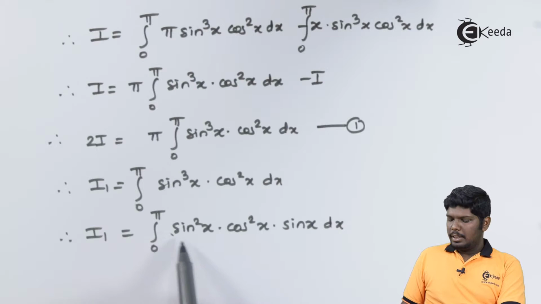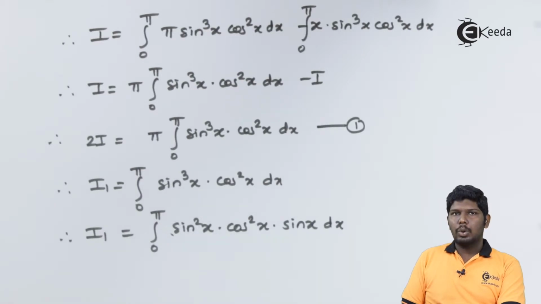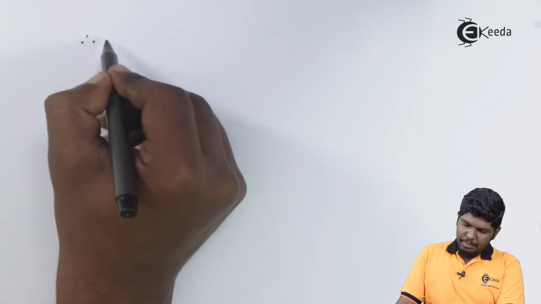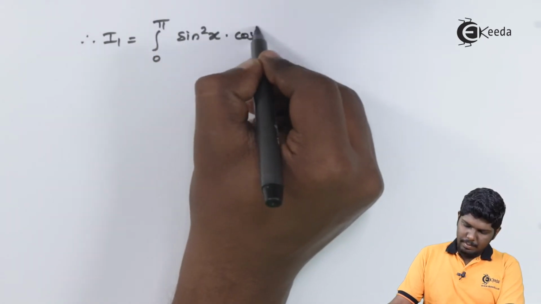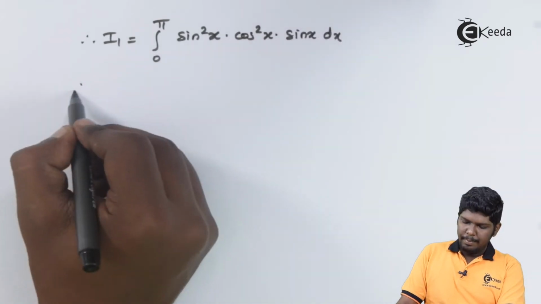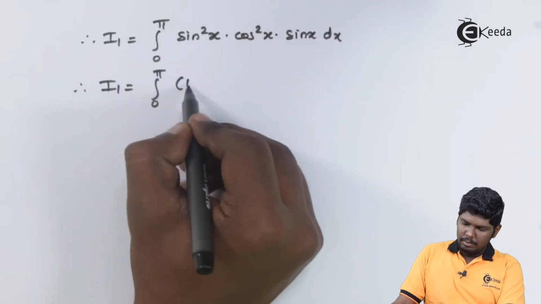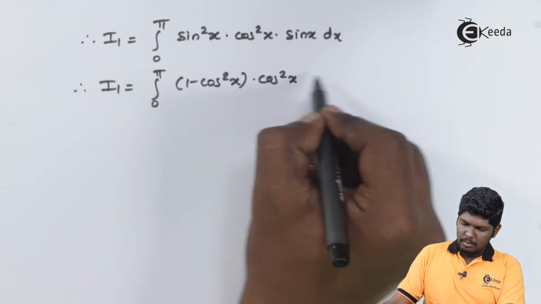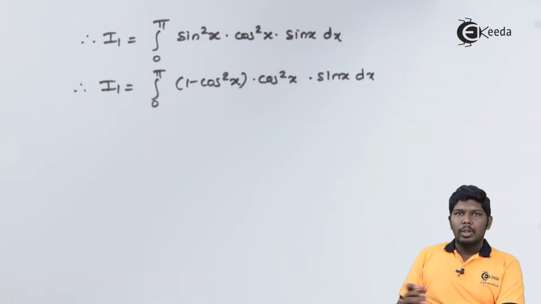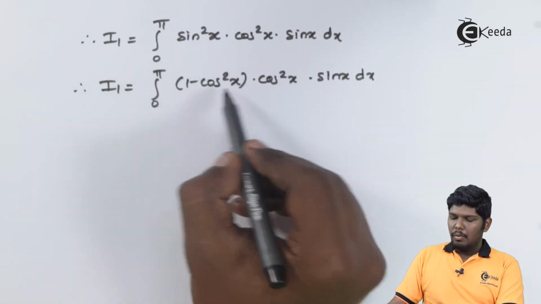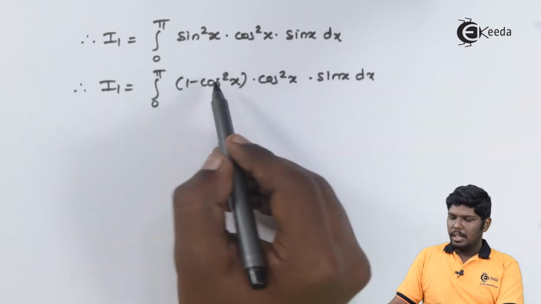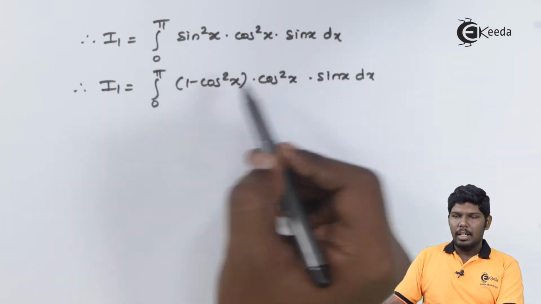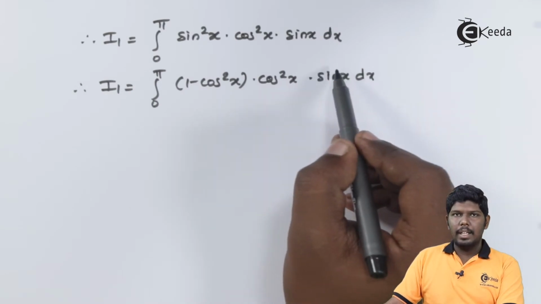Now let us write sin square x as 1 minus cos square x using the identity sin square plus cos square is 1. So we have integral 0 to pi 1 minus cos square x into sin x dx. Here you can put cos x as t, as only one sin x is present in the last part.